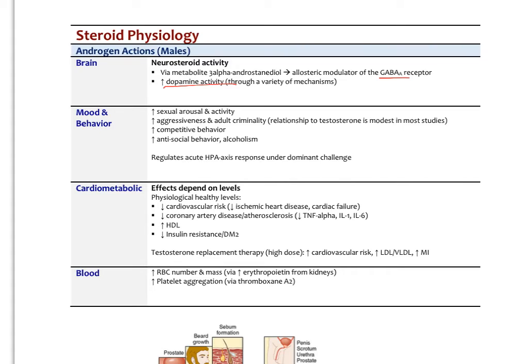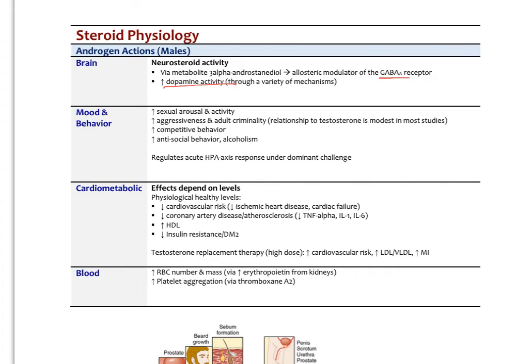So males that secrete lots of testosterone tend not to be as affected by stressors versus, in packs of animals, the so-called beta male. Beta animals are actually going to be more affected by stressors, and they actually secrete less testosterone, interestingly.